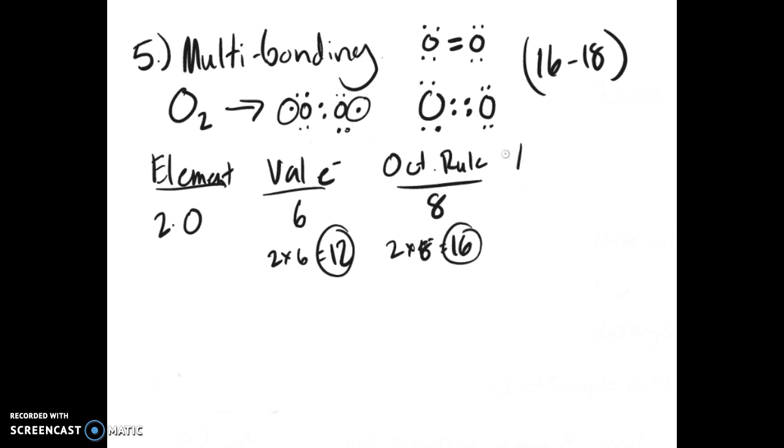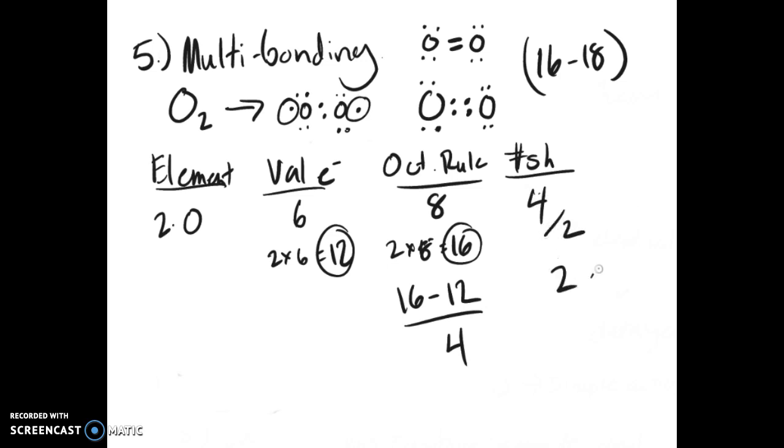And then, number of shared electrons, which basically, in order to figure that out, you take the octet rule minus the valence electrons, which means there are 4 shared, and if there are 2 electrons per bond, there need to be 2 bonds. So in order to do that, oxygen has to double bond.